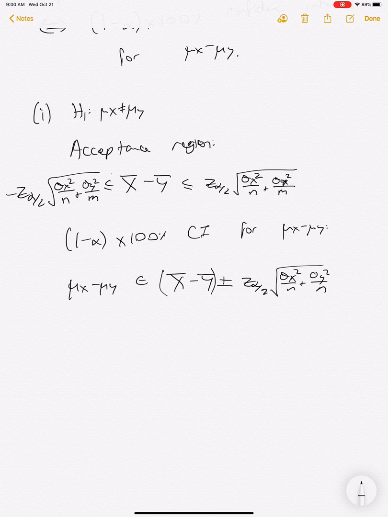Okay, so essentially what we're doing is using the concepts from chapter 9 to translate between the acceptance regions and the confidence intervals here.